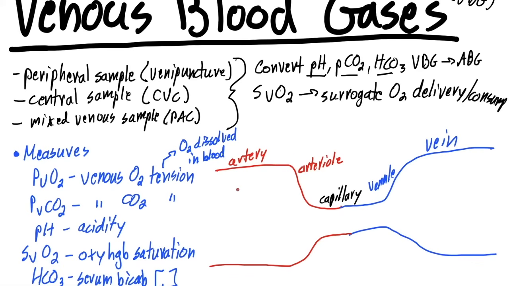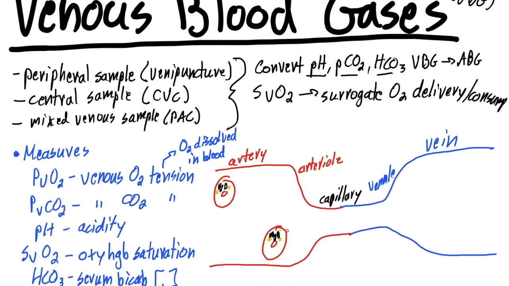And for our purposes, within the blood we have blood cells, and these blood cells carry our hemoglobin. That doesn't look that great, but that's hemoglobin. And our hemoglobin is going to be saturated with oxygen in the arteries.